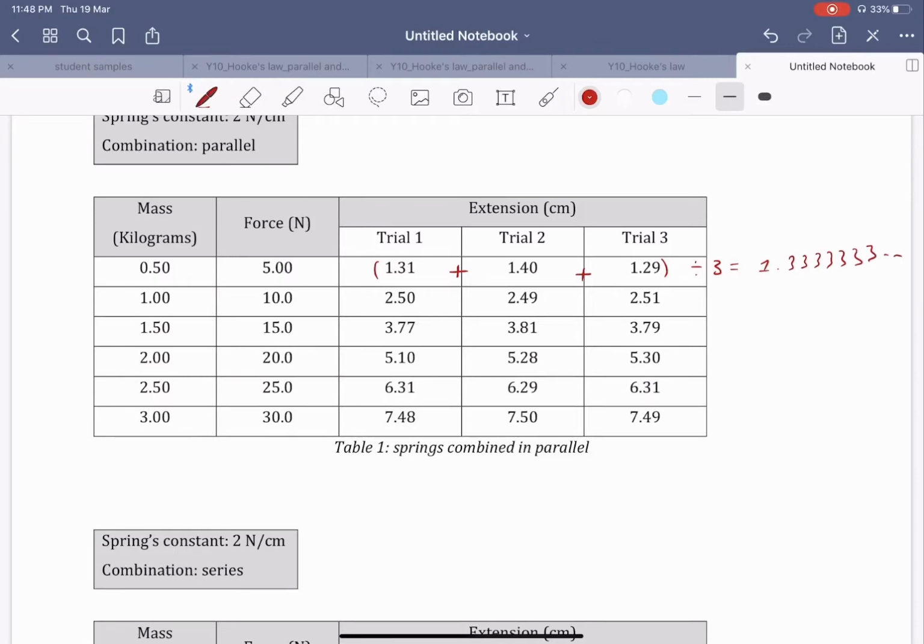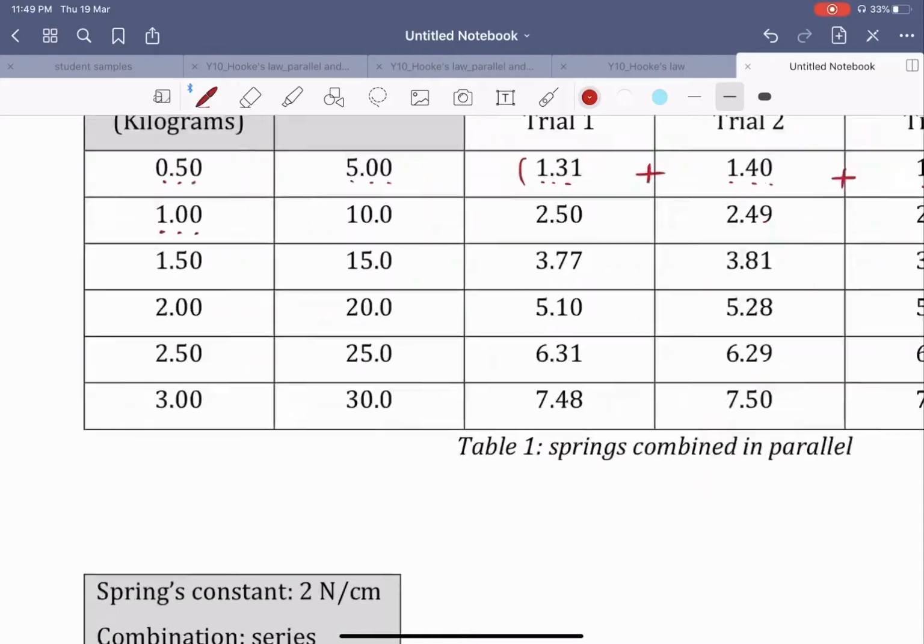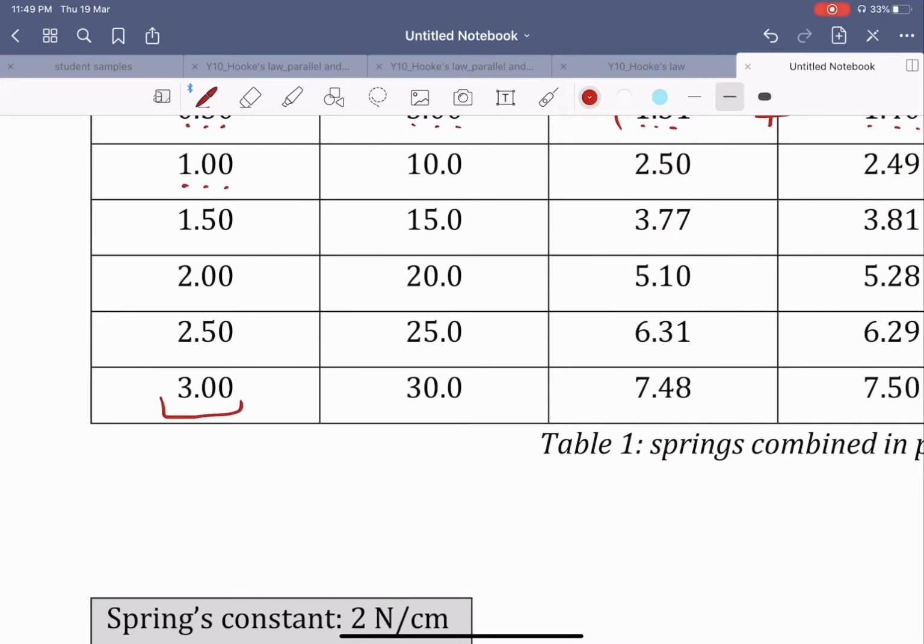Why? Because during term 1, we learned something called significant figures. Yes, and any table in this type has a pattern for the significant figures. If you look over the pattern of the table given to us, you will see that it's 3 significant figures, and not decimal places, because let's take this as an example, okay?